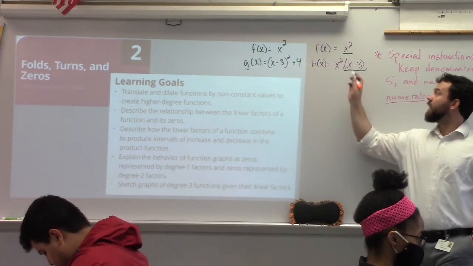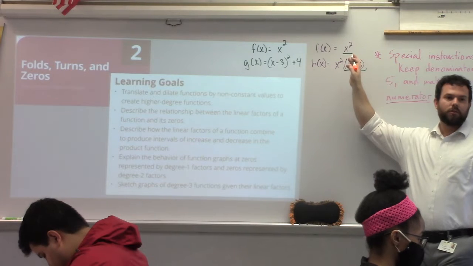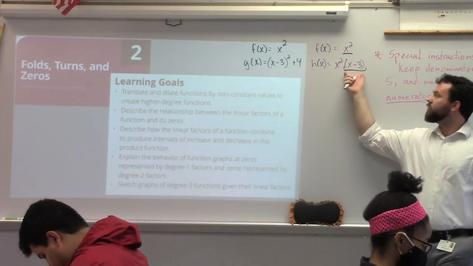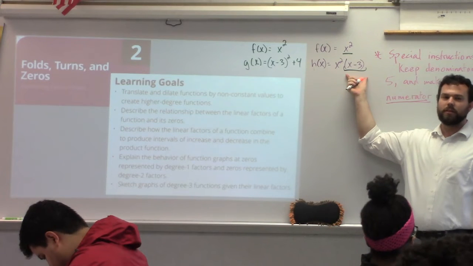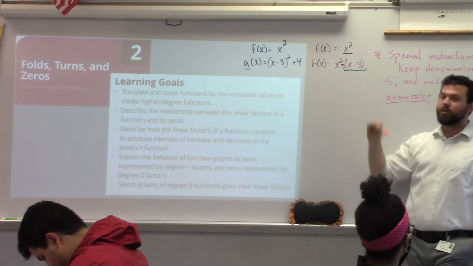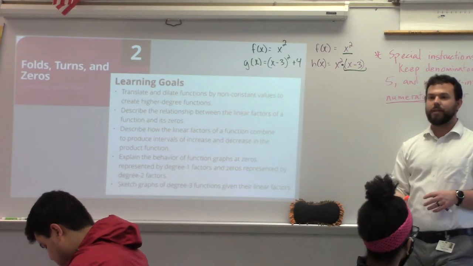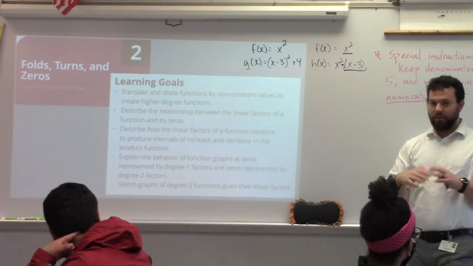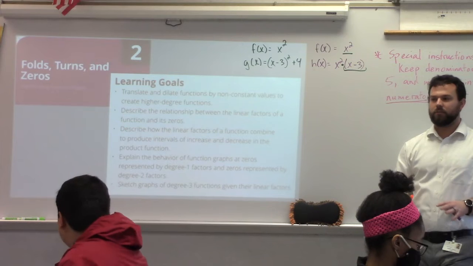But remember, that x minus 3 was not in the original function, was it? So what transformation am I doing with this entire x minus 3? Dilate. How do you know it's a dilation? It's understood to be multiplied, right? So remember, I'm dilating by x minus 3. And that x is a variable. It can change, which is why it is non-constant.